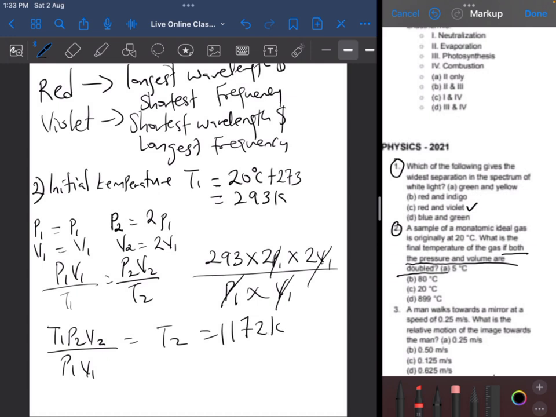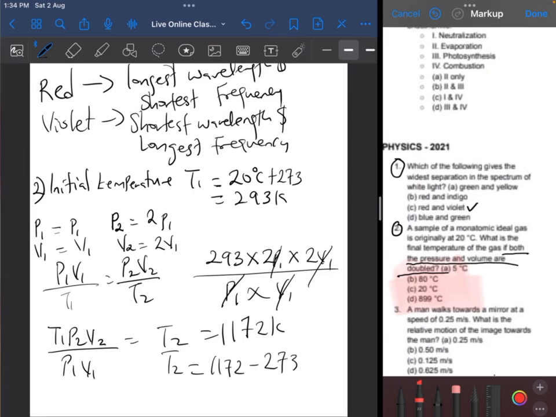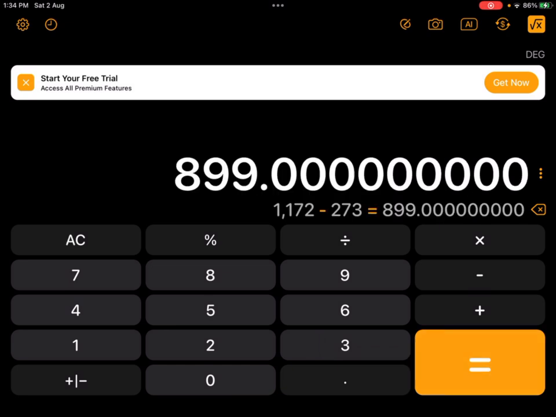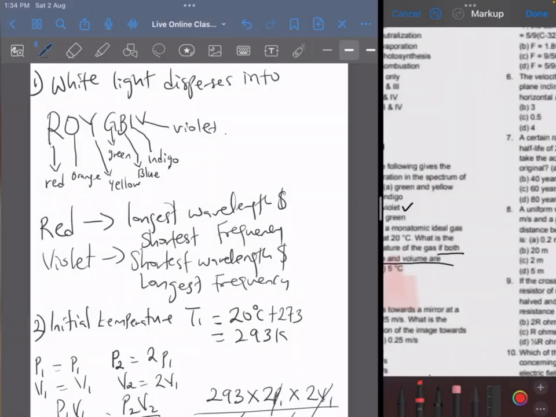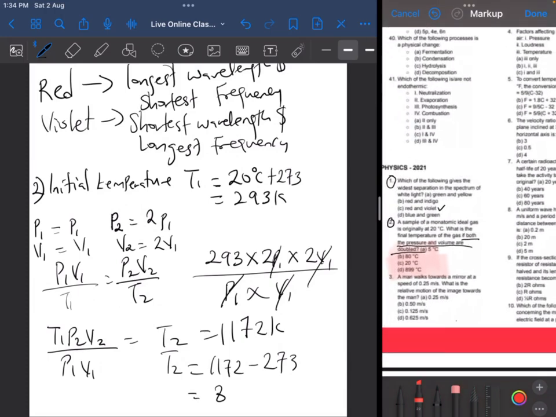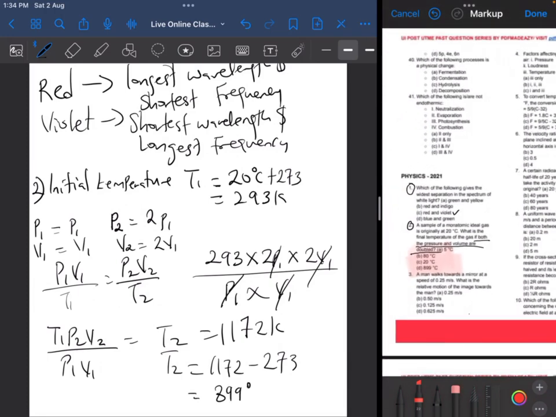1172 Kelvin. By looking at these options, we see that our answer is in degrees Celsius. So taking it back to degrees Celsius, T2 is equal to 1172 minus 273, which gives us 899 degrees Celsius.